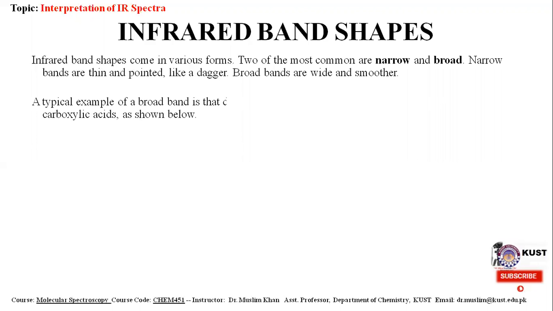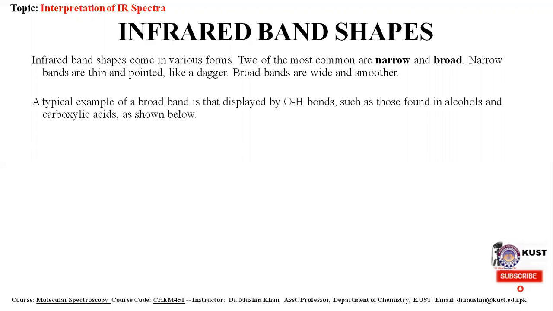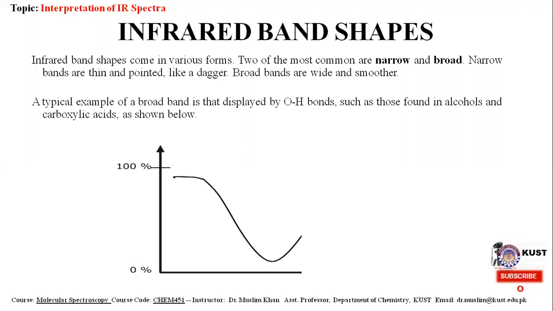A typical example of a broad band is that displayed by OH bonds, such as those found in alcohols and carboxylic acids, shown below. This is an example of a broad band.